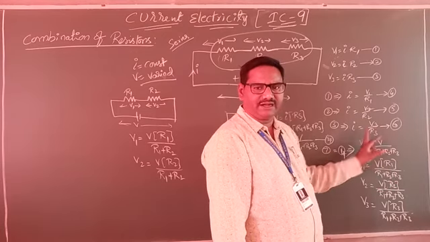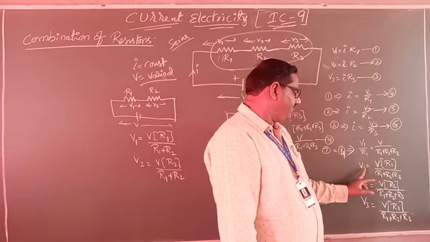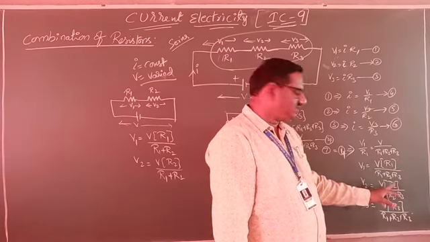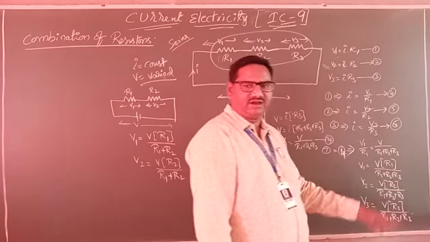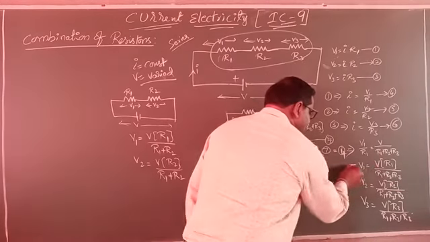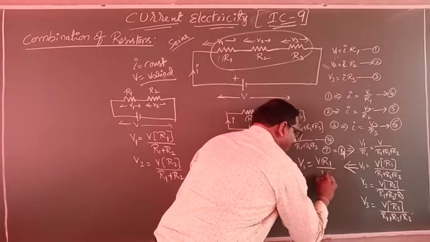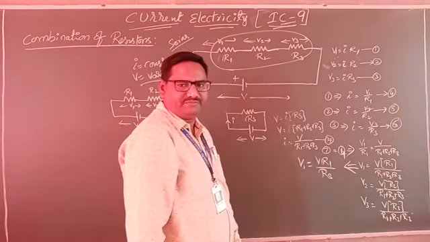This is the shortcut. So V1 equals V into R1 by R1 plus R2 plus R3. This is nothing but the effective resistance. Clear? Simply I will write this as V1 equals V R1 by RS. Both will be the same.